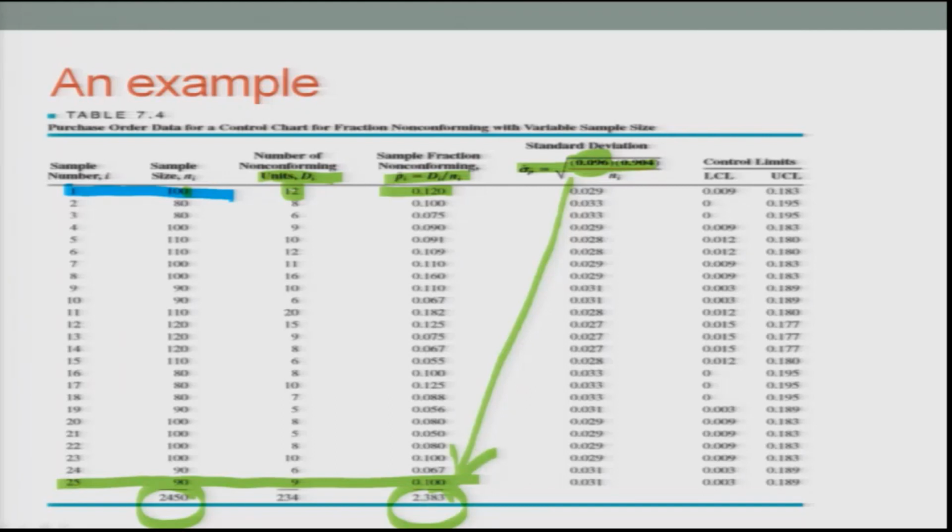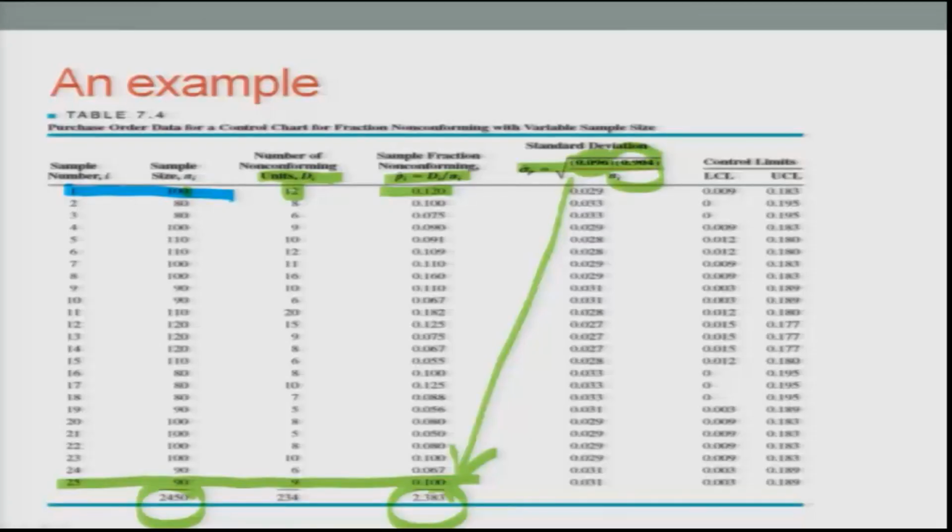So, you have 2.8383 as the sum of the p hats for all i's, i going from 1 to 25. You add them up and divide by 25, which is the number of readings. Then q would basically be given by 1 minus p hat, and then obviously you go into the formula.